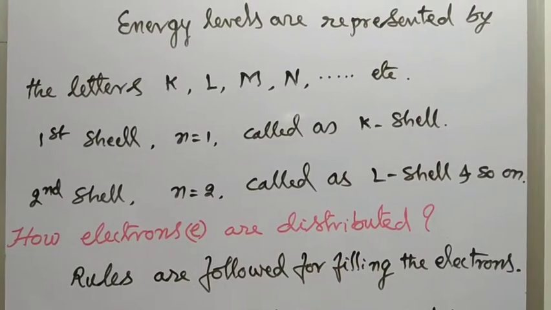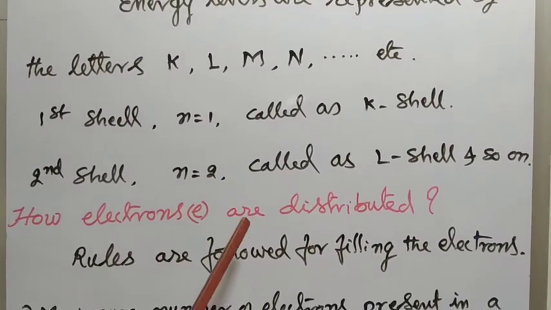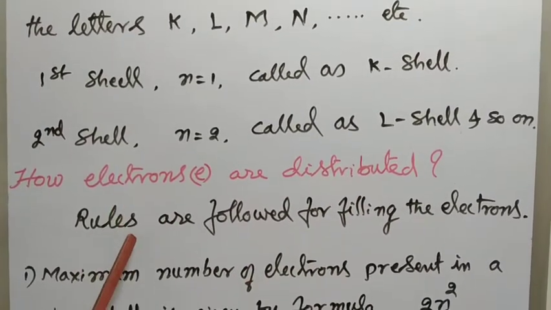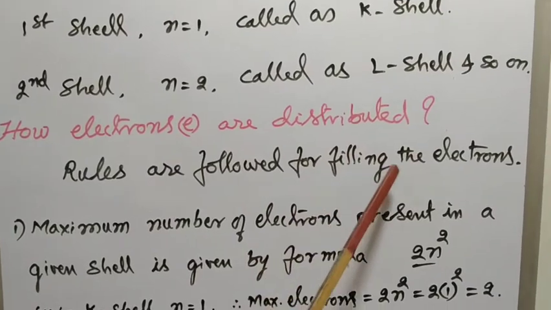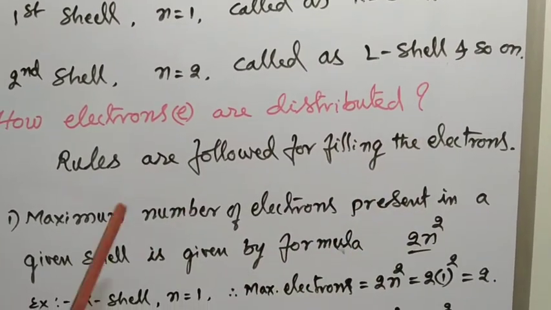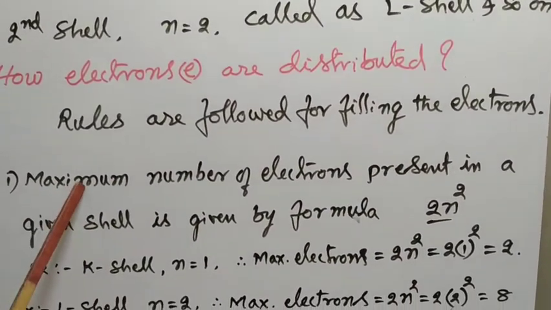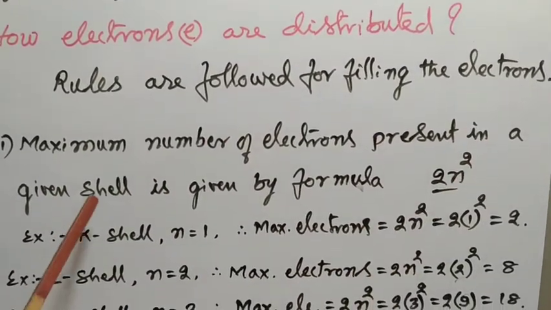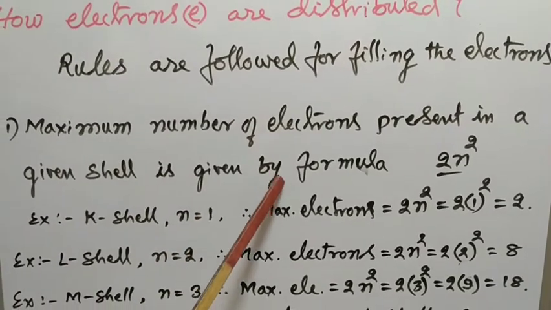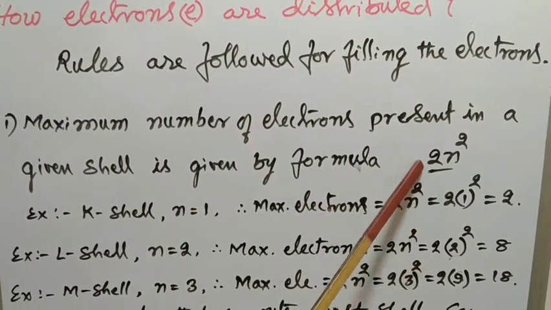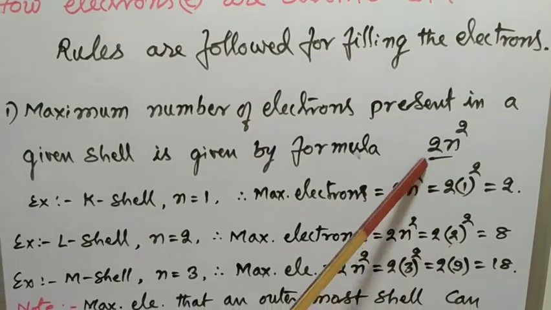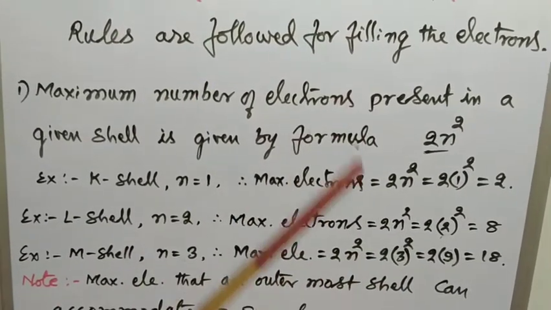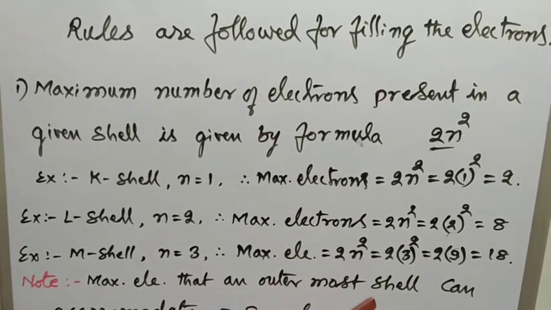We have already explained how electrons are distributed in an atom. Rules are followed for filling the electrons. The maximum number of electrons present in a given shell is given by formula 2n square. This is the formula we are using to find only the maximum number of electrons, not actual number.